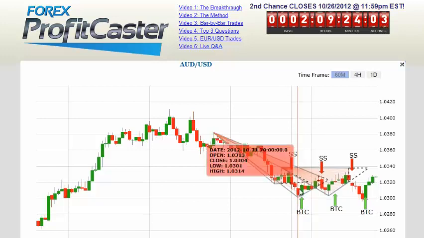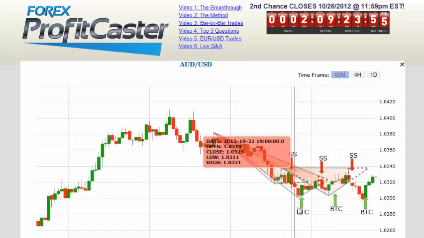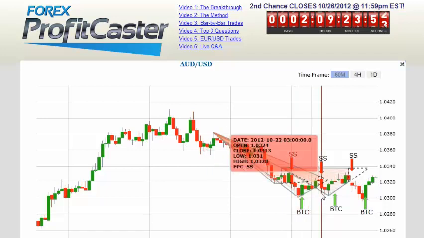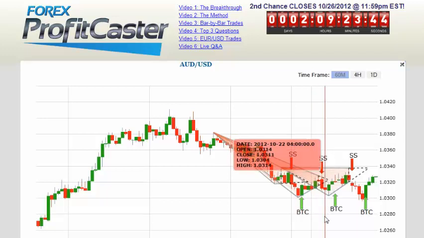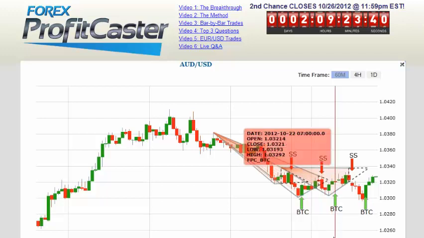Remember, these are hourly charts, so you get smaller pip gains than you would on a 4-hour or daily chart. Of course, that's why we give you all 3 options. Here's another sell short at 300 hours, 10/22, right in here, and that one just barely hit the first profit target and was out at break even on the second half position.